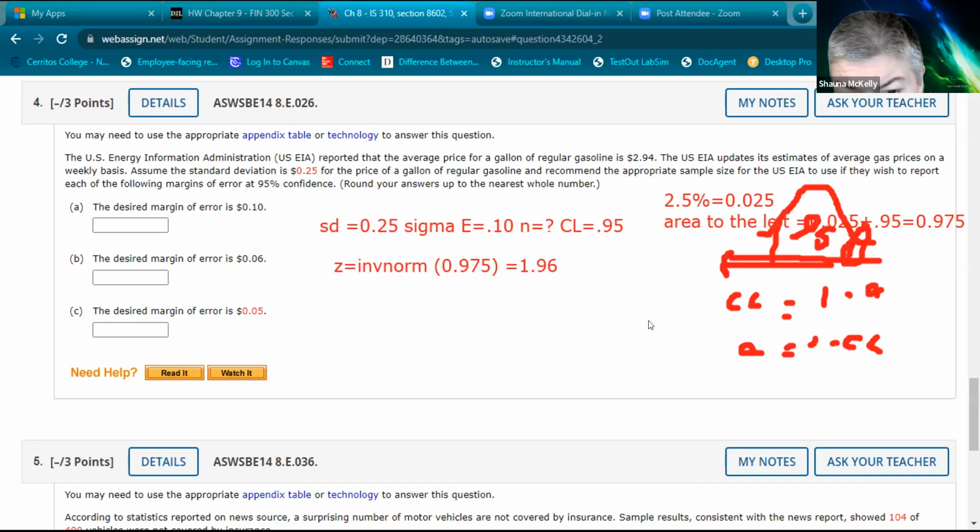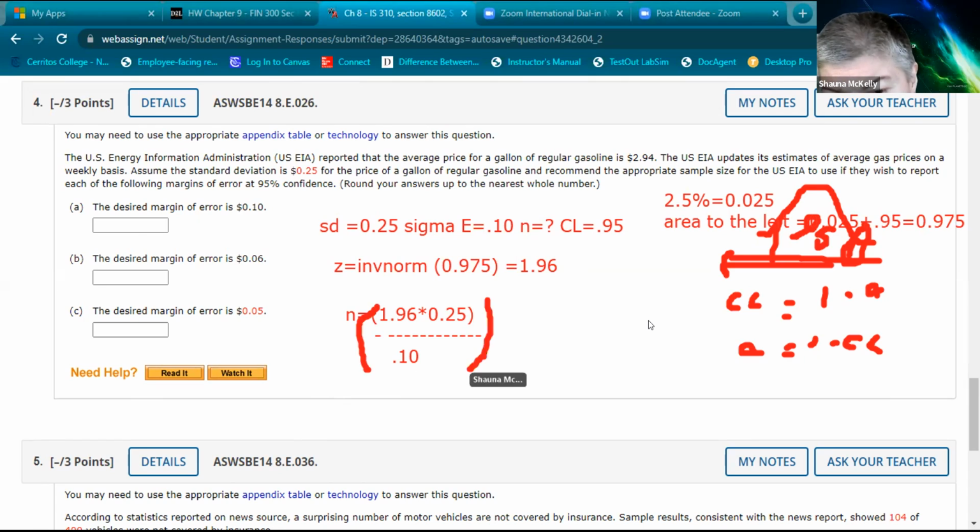You're going to put parentheses around the top and the bottom, so it's this whole thing in a big parenthesis, squared.